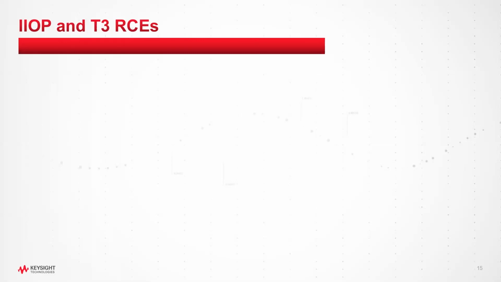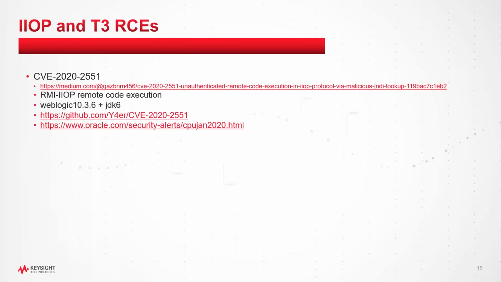Further on, I'm going to list the latest deserialization vulnerabilities around WebLogic Server, and these vulnerabilities are not HTTP deliverable. They rely on IIOP and T3 RMI protocols. This one, 2551, is practically a JNDI lookup.